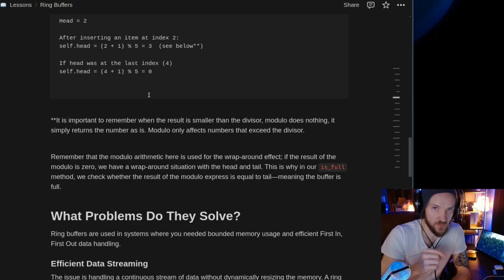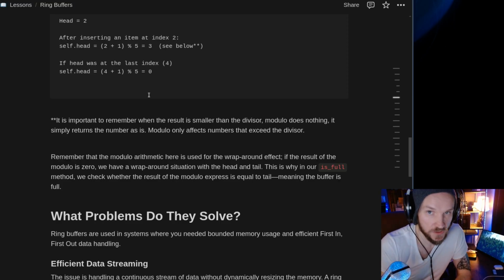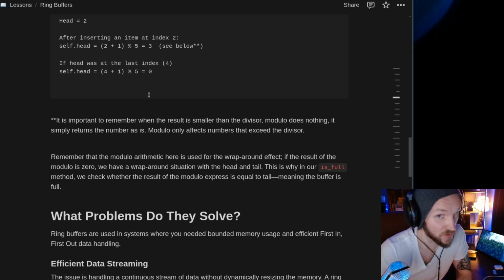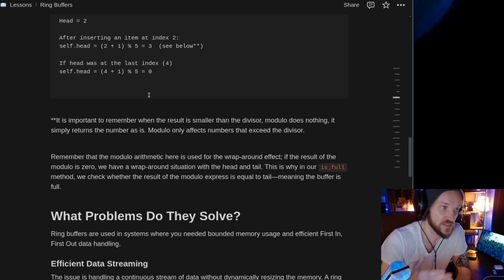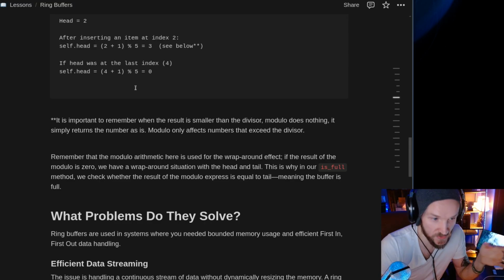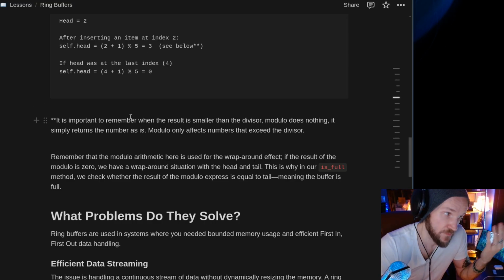So 3 modulo 5 is going to return 3. 2 modulo 5 is going to return 2. 4 modulo 5 is going to return 4. 5 modulo 5 is going to return 0. You see what I mean? If the left-hand side value is less than the right-hand side value on the modulo operator, you're just going to get that left-hand side value. So that's what this is doing, and that's just how modulo arithmetic works.